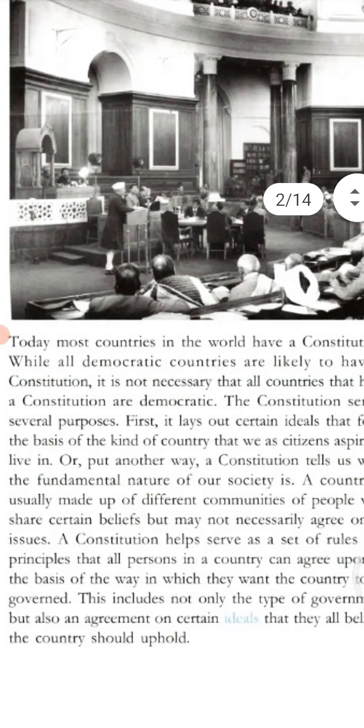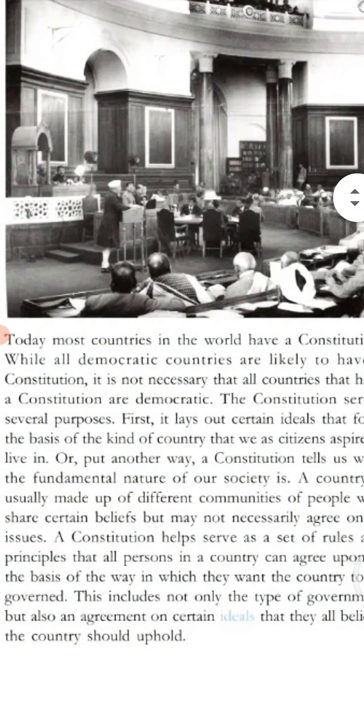While all democratic countries are likely to have a constitution, it is not necessary that all countries that have a constitution are democratic. So please keep this in your mind: all the countries that have a constitution are not democratic, but those countries that are democratic have a constitution. So there is a difference.